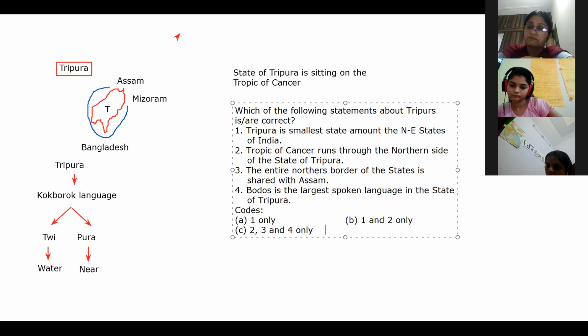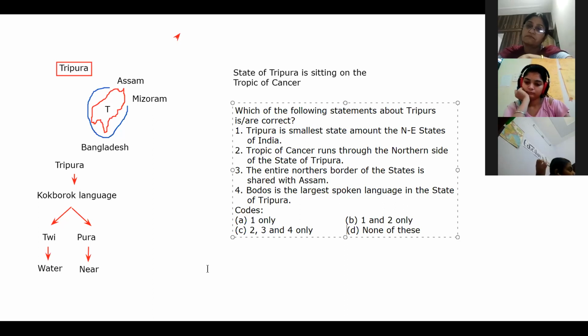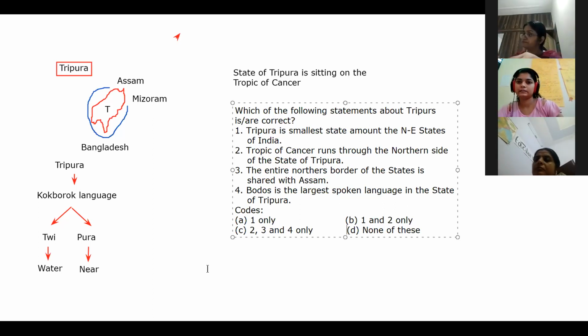And the fourth answer, let me take it here, is none of these. So these are the four answers. Which is the correct choice here, in your opinion? Tell me.